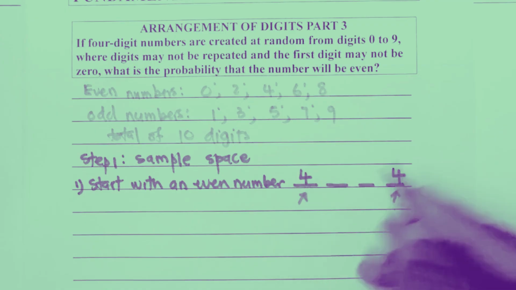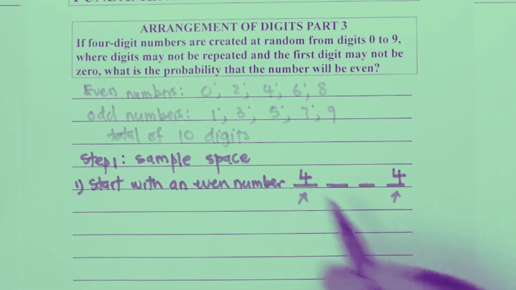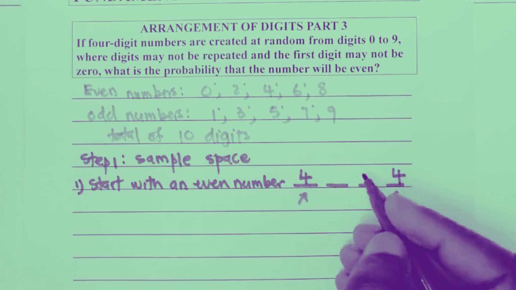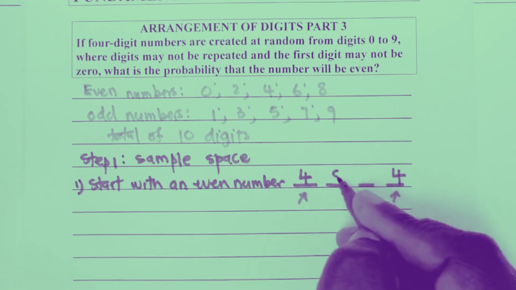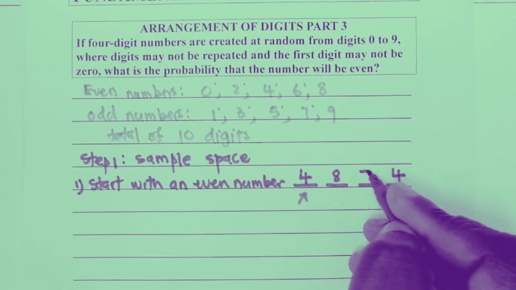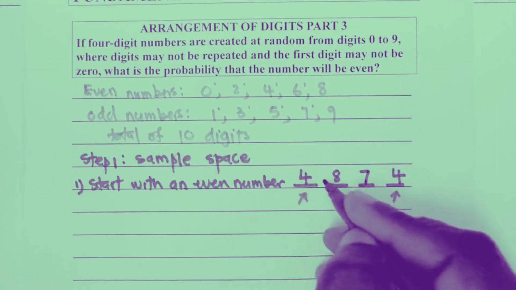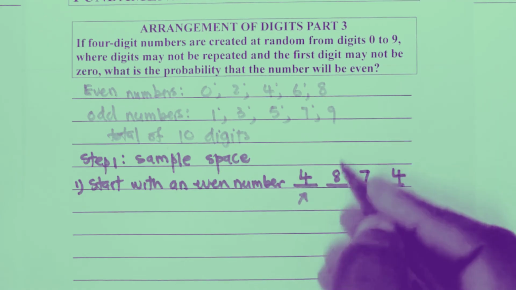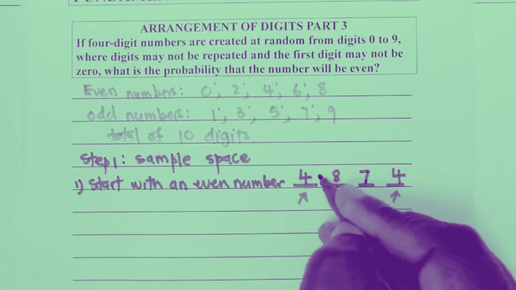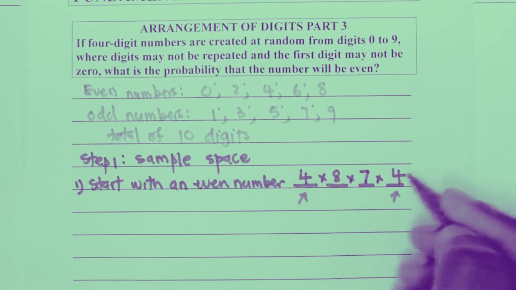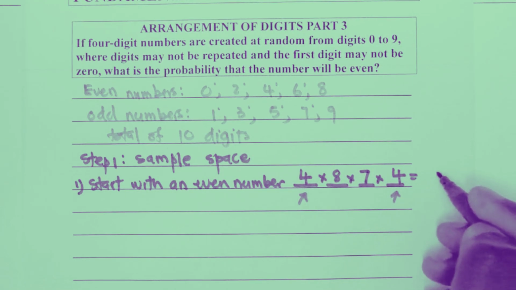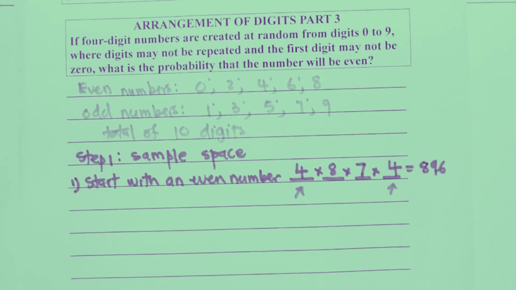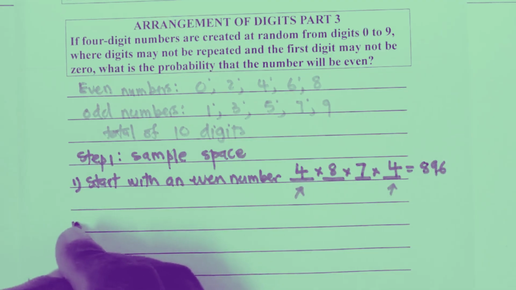Then I've used 2 numbers out of the 10 digits, so I'm left with 8 numbers. And remember, we are not repeating, so the digits reduce to 7 in the 3rd position. And then I multiply, and I'm going to get 896.